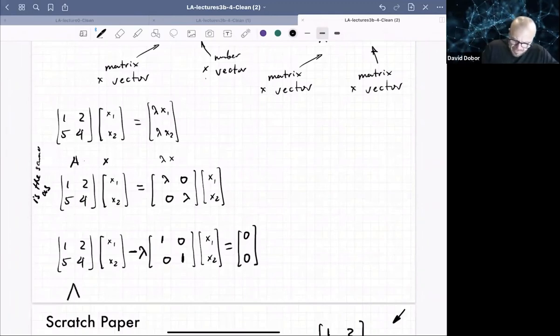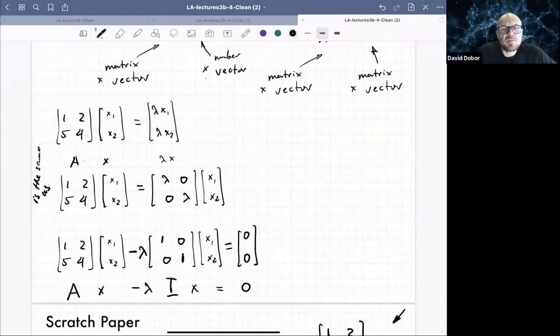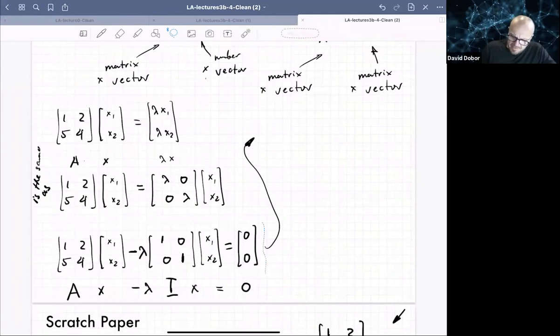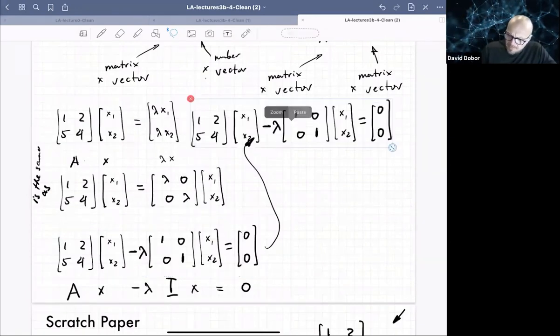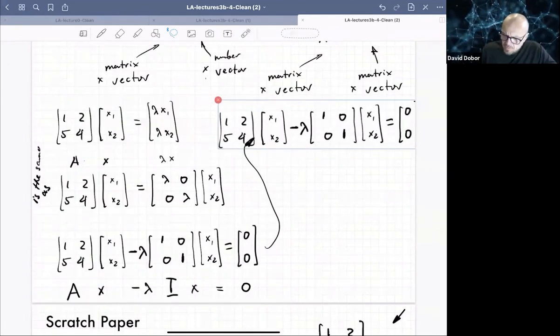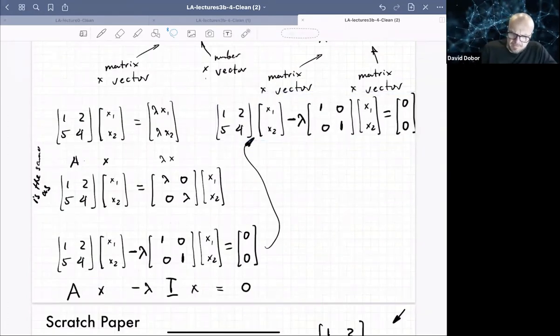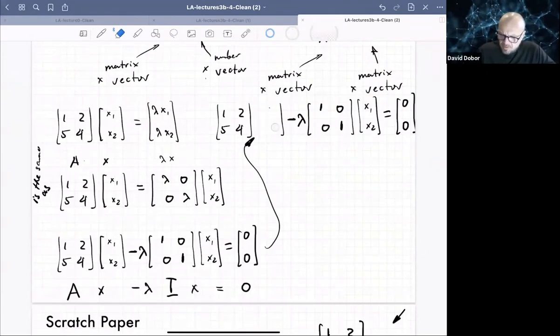So now I have AX minus lambda times the identity matrix times X equaling the zero vector. Do people agree that that's what I have? It's exactly the same thing. I can even factor that X out. One more step: I'm going to take this guy and make one tiny modification to it, which is to take this outside the brackets.